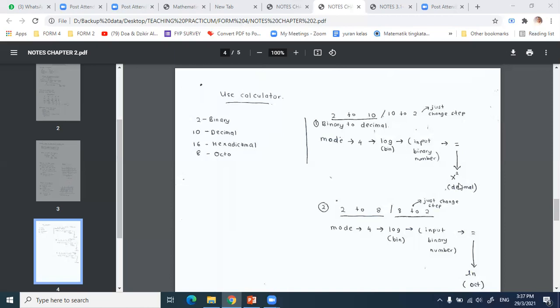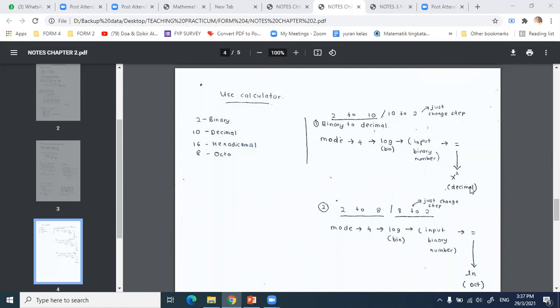The decimal is at X square, the binary is log, and octo is ln. The ln is for octo. Amanda? Yes, teacher. Same as Emily. This one is also the same. Whose is this? Miza. Miza's is also the same.